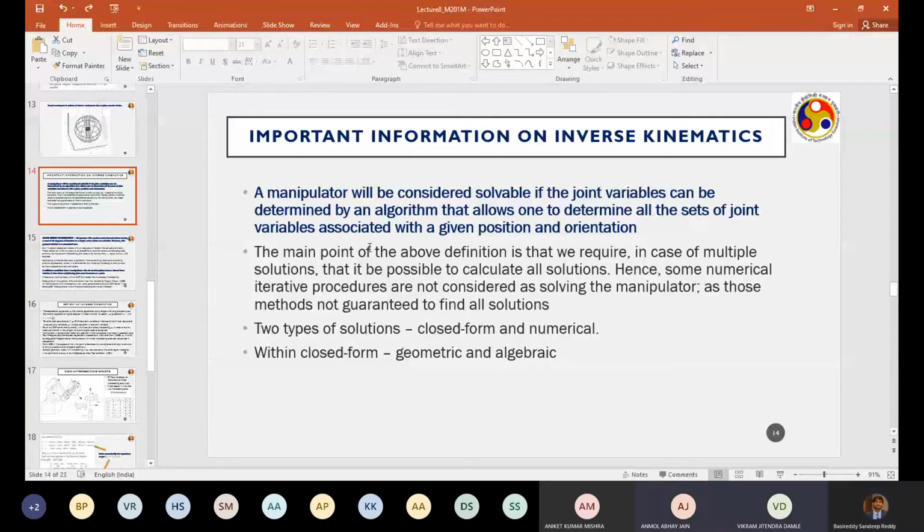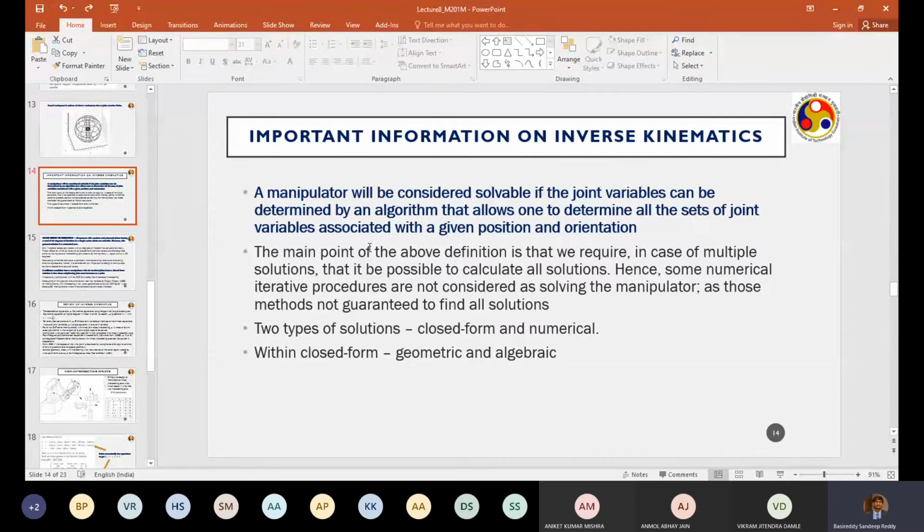So what is a closed form solution? Basically, there is a specific formula that gives you the answer exactly. Exactly, correct. So in certain cases here, the equations are nonlinear, and the trouble with nonlinear equations is that you may not get a closed form solution. So in that case, you have to solve numerically.